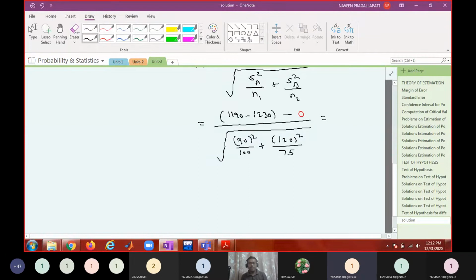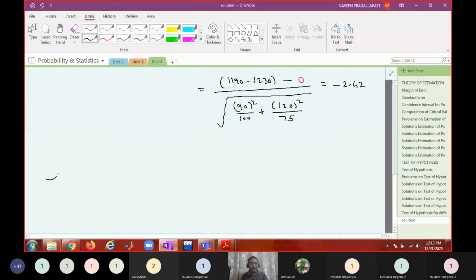Minus 2.42. Is it okay? Now compare. Again, write a small diagram like this and identify the location. So this is a critical value.